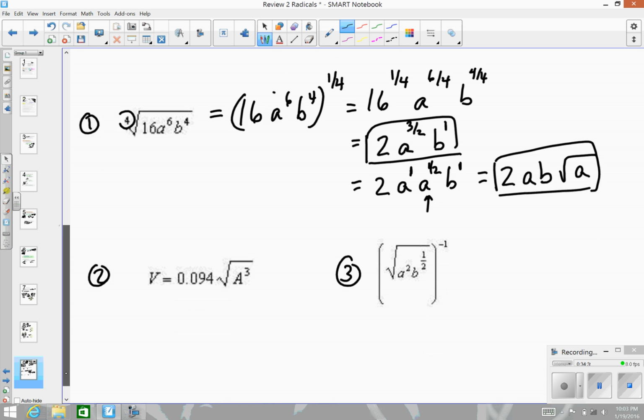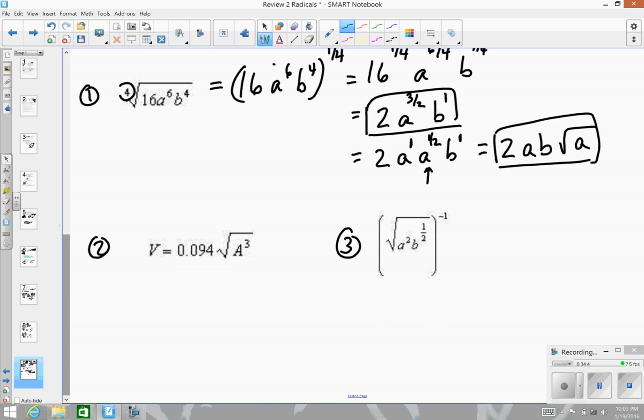Let's look at this next example, number 2. I have an equation here, and I have 0.094 times a to the third, but under a radical sign. So this radical sign here, with an index of 2, I'm going to rewrite as an exponent.